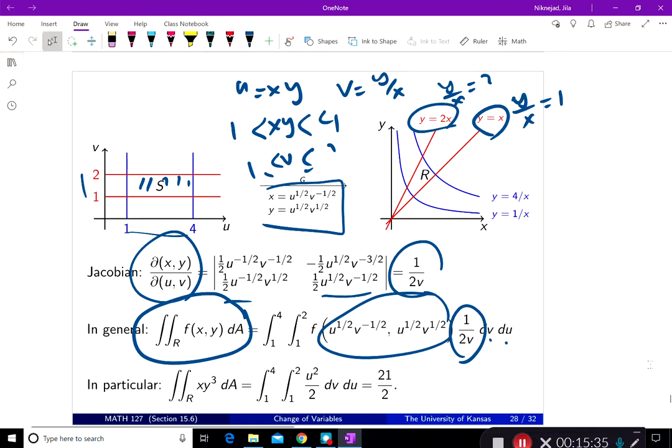Now, the integrand in the original was x y to the power 3. If I use what I have here, that's x times y to power 3 halves, I will end up with u squared divided by u squared v. And then divided by 2v, I get u squared divided by 2, and integration.